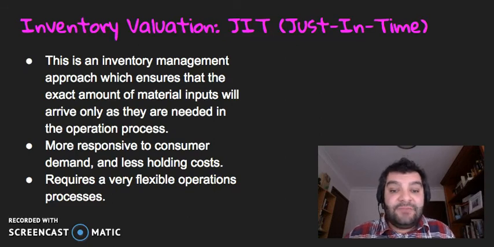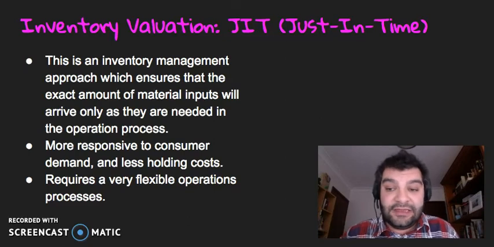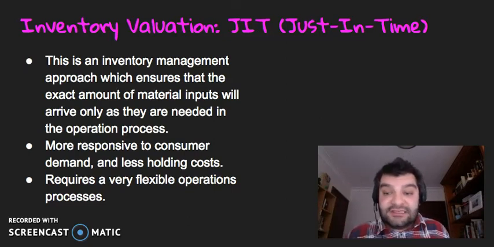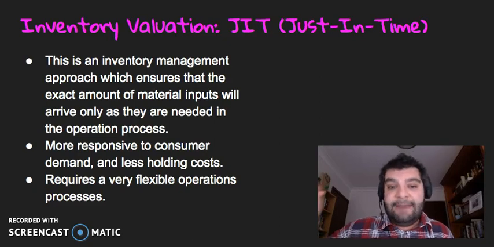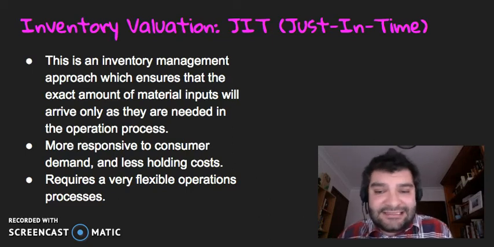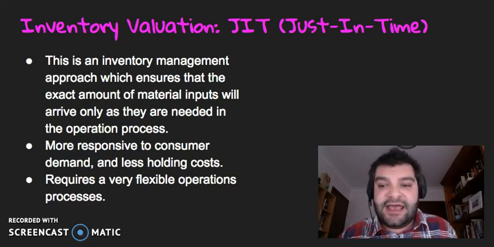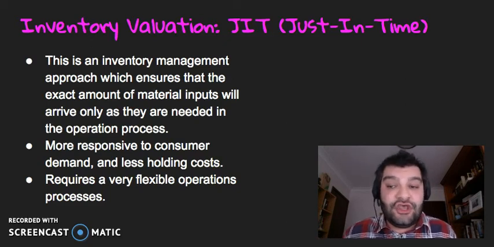This is more responsive to consumer demand because it means that you can very quickly alter your operations process, your transformation process, to meet what consumers want. You can quickly add in more or add in less, and there's less holding costs. You're not paying for a storage facility full of stuff that you're probably not going to use.